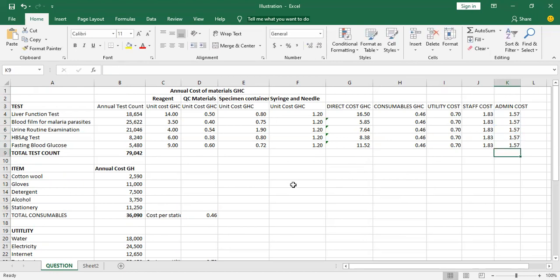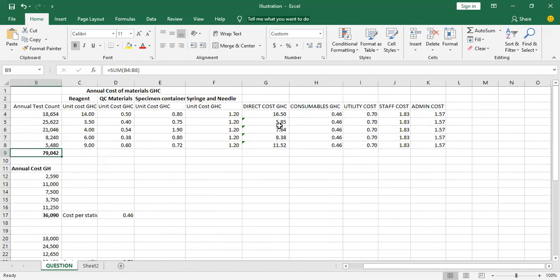Okay. So that's it. So we found a way of sharing the indirect cost, which is the consumables, the utility cost, staff cost, and admin cost. We found a way to share it among all the tests that we did that year. So after that, we'll now add it to the direct costs we determined from the beginning.